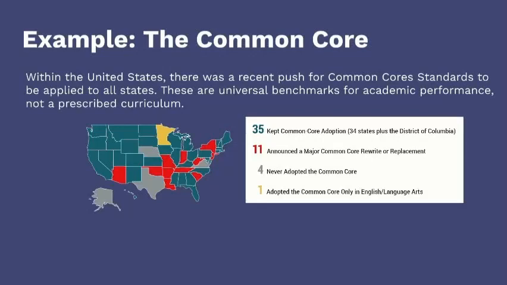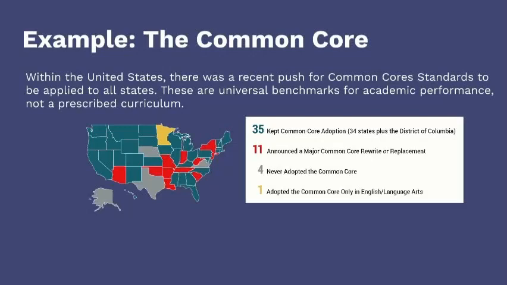Currently, today, the Common Core has been adopted by 35 states. At one point in time, the idea was that we were going to adopt it in all states. But there has been some pushback, and therefore not all states have adopted the Common Core policies. So 35 states, those in greenish blue, have. 11 states have decided that they're not going to use the Common Core.